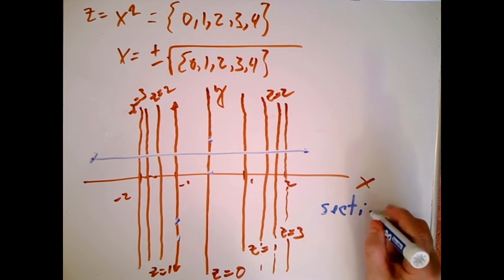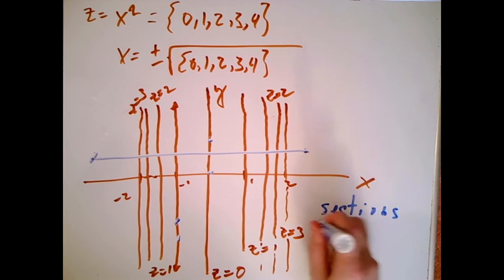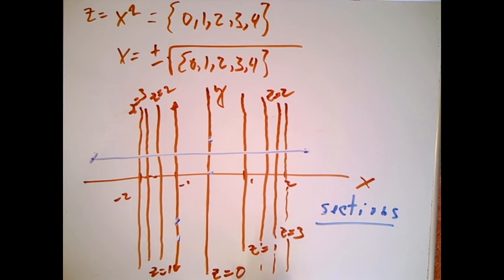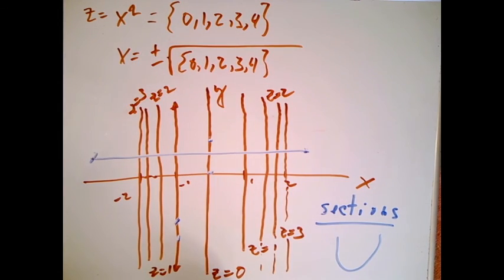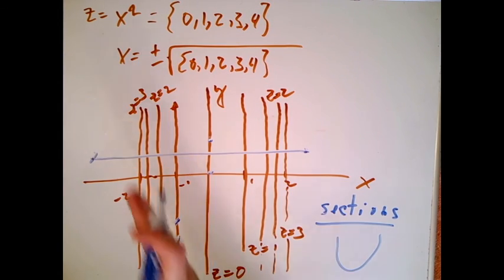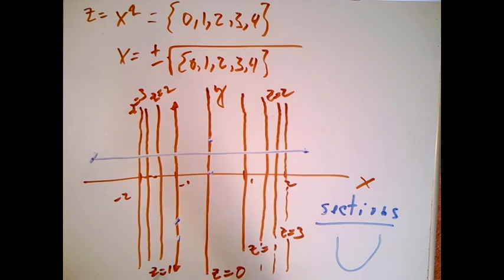The more math you take, the less they'll call them cross sections, but I'll call them sections. A section here, a vertical chop, is going to be a parabola. Every single time, no matter where I chop like this, I'm going to get a parabola. For what it's worth, no matter how I chop the other way, I'm going to get a line.